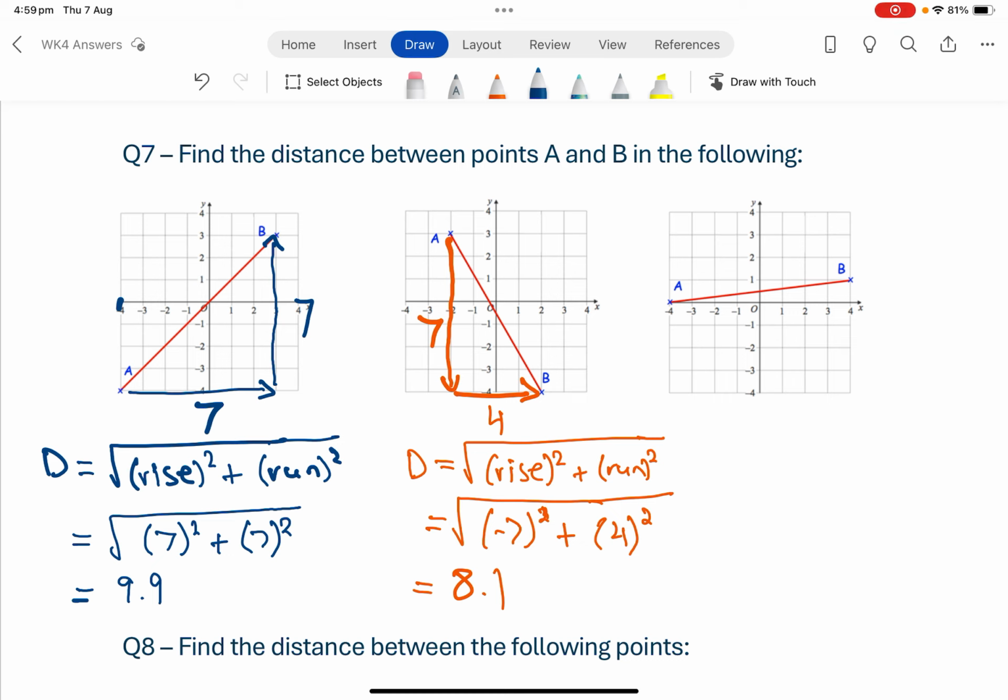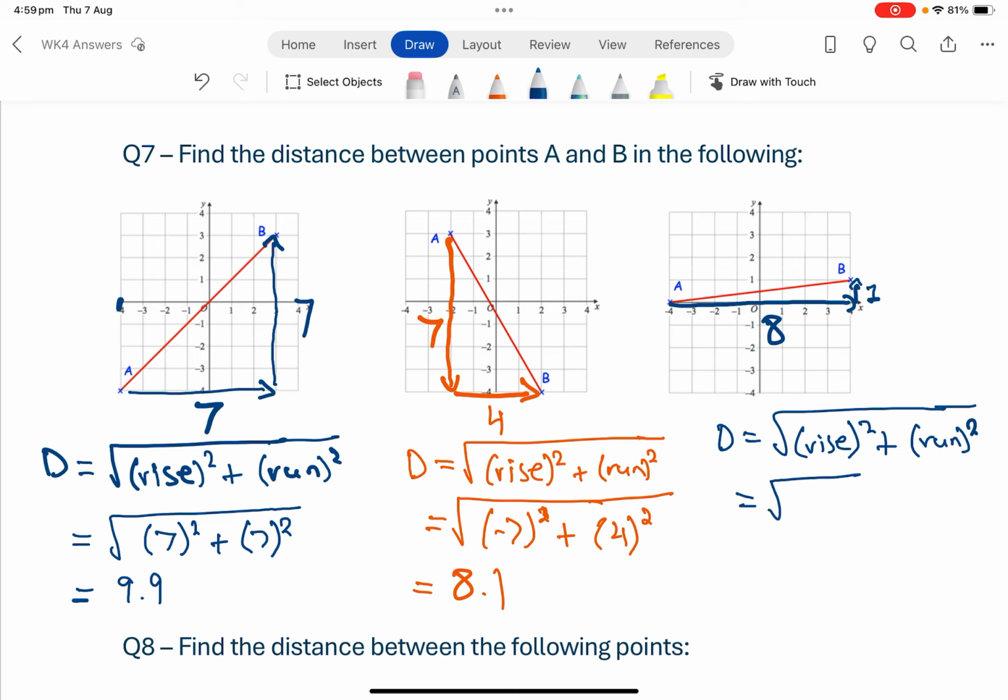Same thing. To get from this point to that point, we ran 8. To get up to that point, we went up 1. So my distance is the square root of the rise squared plus the run squared. In this case, the rise was 1 squared plus the run of 8 squared.